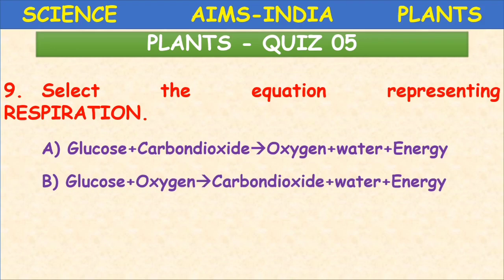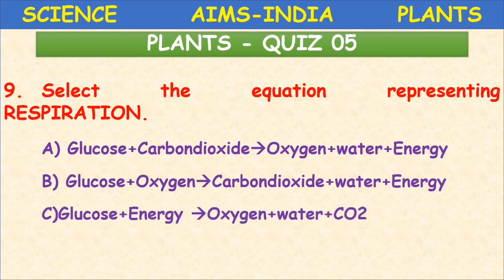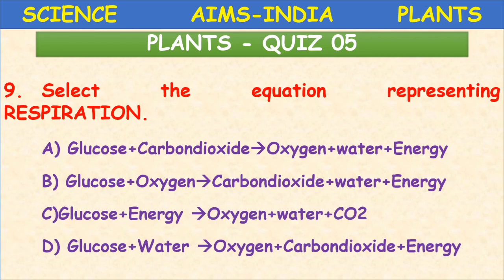B, glucose plus oxygen gives us carbon dioxide, water and energy. C, glucose plus energy resulting in oxygen plus water plus carbon dioxide. And D, glucose plus water resulting in oxygen plus carbon dioxide plus energy.